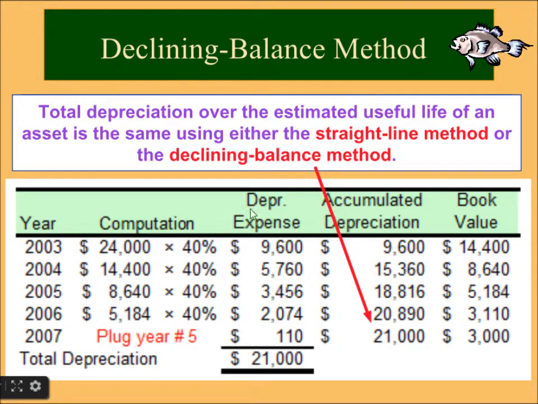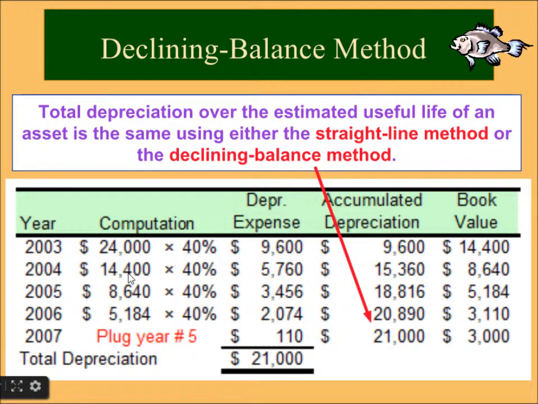Accumulated depreciation is the same amount because this is the first year. Book value will be calculated as the original book value of 24,000 minus the accumulated depreciation, which will give us 14,400.